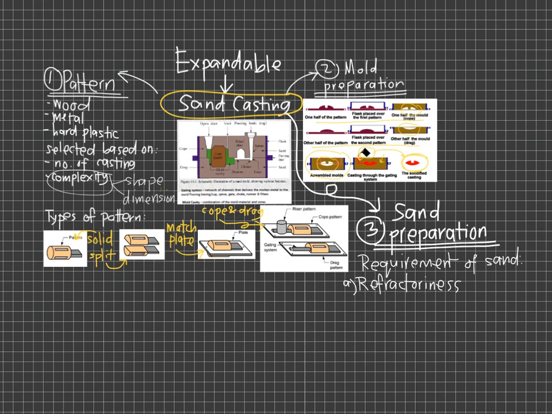Next, the second one is cohesiveness, the ability to retain the shape. The third one is permeability, which is the ability of gases to escape through the sand. And the last one is collapsibility, which is the ability to accommodate shrinkage and part removal.